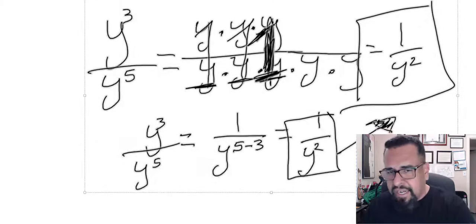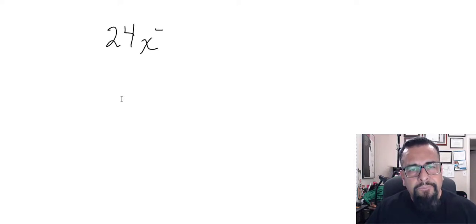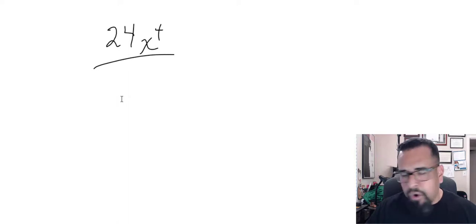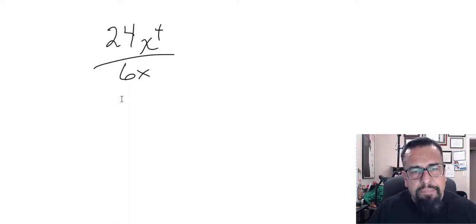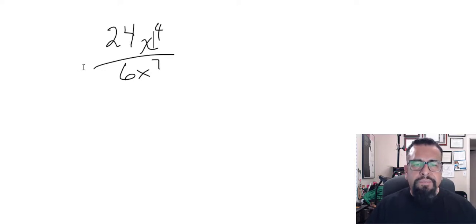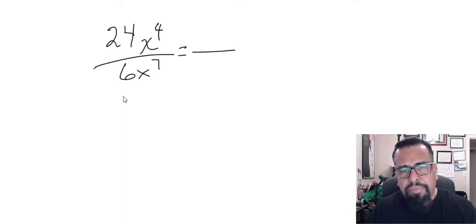All right. Let's take a look at another example here. We have 24 x to the power of 4, and that's going to be over 6x to the power of 7. So we got a 4 there and a 7 here. Again, just so that you can see, I'm going to break it open right here.